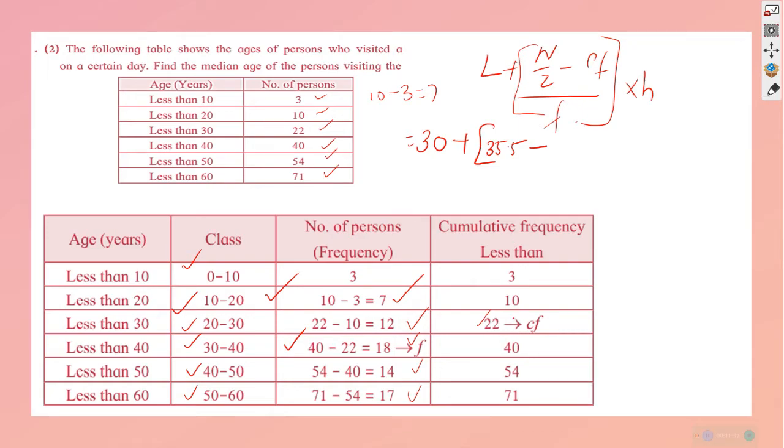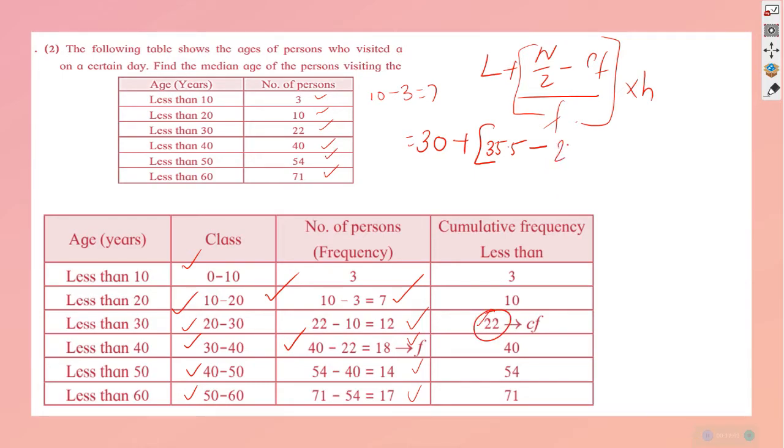the cumulative frequency, which we have to calculate. It happens to be the cumulative frequency of the class preceding the median class. We have got the median class over here, so the cumulative frequency preceding is 22.